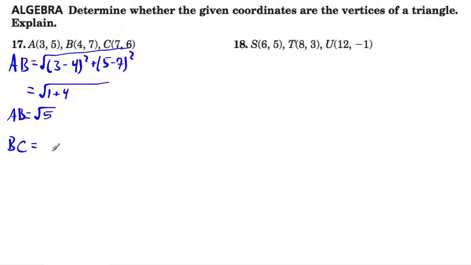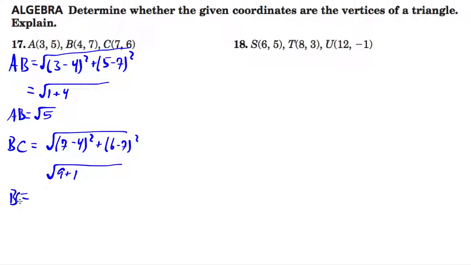BC is going to be the square root of 7 minus 4 squared plus 6 minus 7 squared. So that's 3 squared, which is 9, plus 1 squared. So BC is the square root of 10.